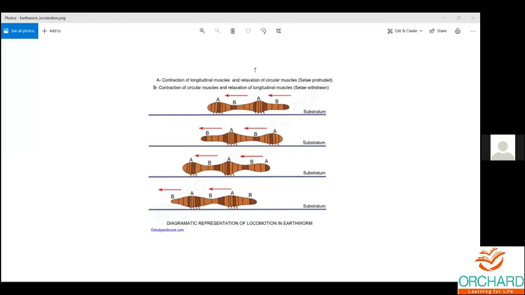Yeah, it becomes thin, whereas the back one becomes thick. So the expansion and contraction are done for what? What is the main purpose of this? Very good. Mainly for locomotion. Good. I hope you're clear with it. We'll just move on to the next topic.